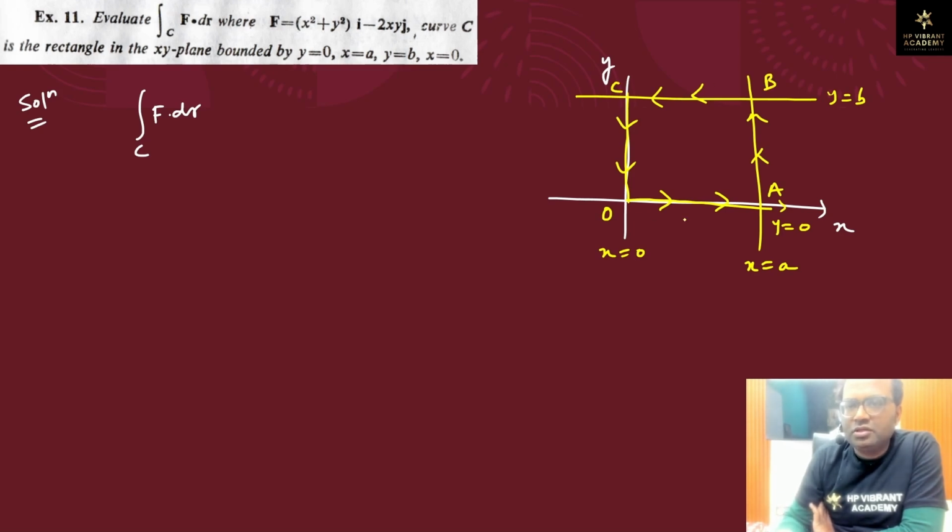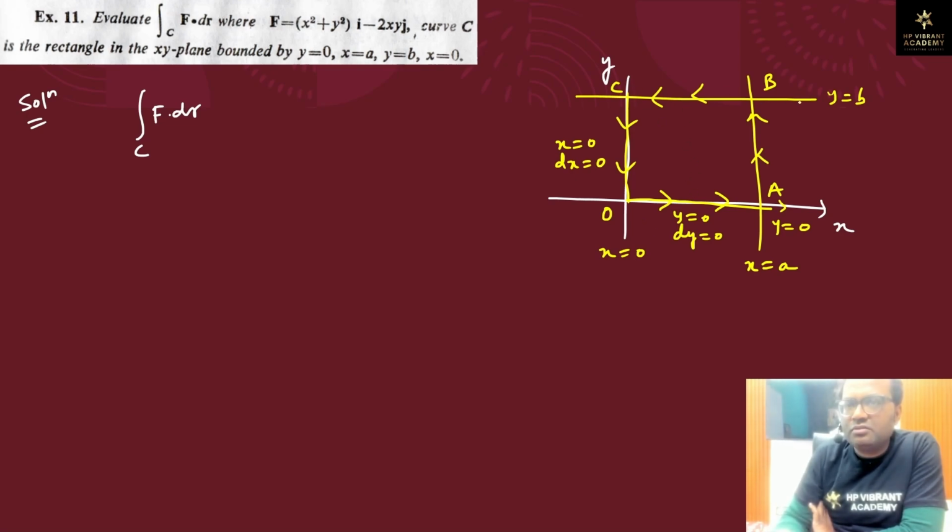So along OA we have y is equal to 0 and dy is equal to 0. Along CO we have x is equal to 0 and dx is equal to 0, and y varies from b to 0.